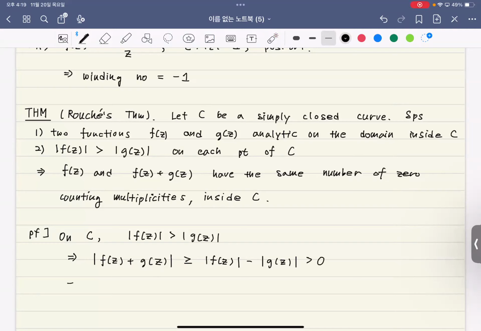So this implies f of z plus g of z is never 0 on this curve.